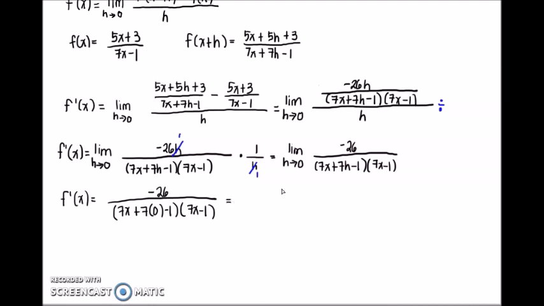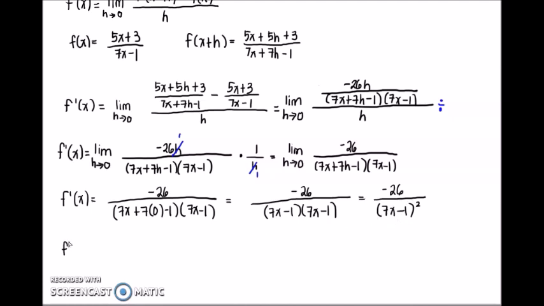And then from there, we can have negative 26 all over, simplifying this, we will get 7x minus 1 times 7x minus 1. We could rewrite this as negative 26 all over 7x minus 1 squared. This could be our final answer, or you could also opt to simplify the denominator.